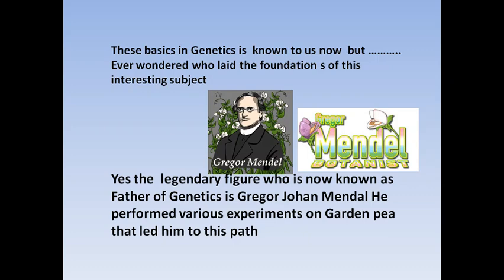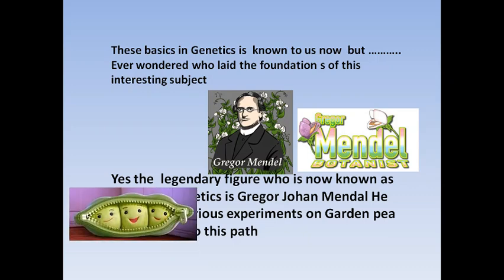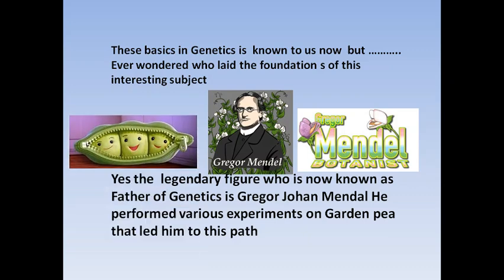Yes, the legendary figure now known as the father of genetics is Gregor Johann Mendel. He performed various experiments on garden pea, which led him to this path. We are going to study Mendel's experiment and the conclusions he gave in our upcoming videos.